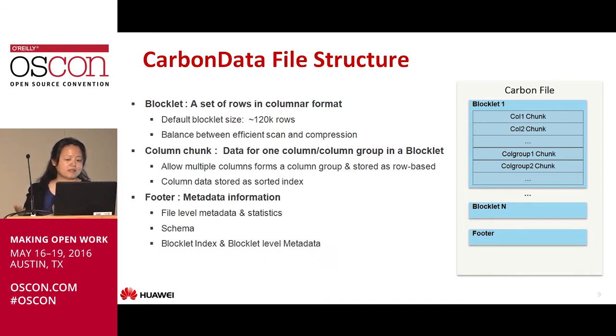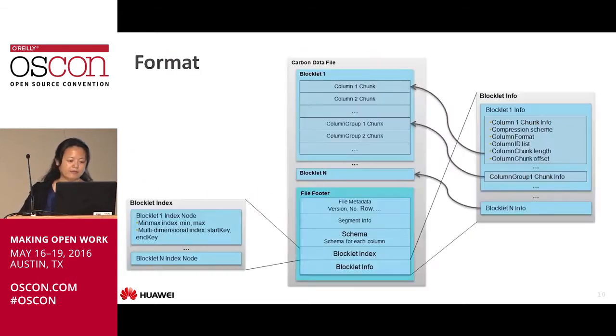So in concept, a carbon file consists of a sequence of blocklets. And then at the bottom of the file, we have file footers. This is a very high level. This is a visual representation of the file format.